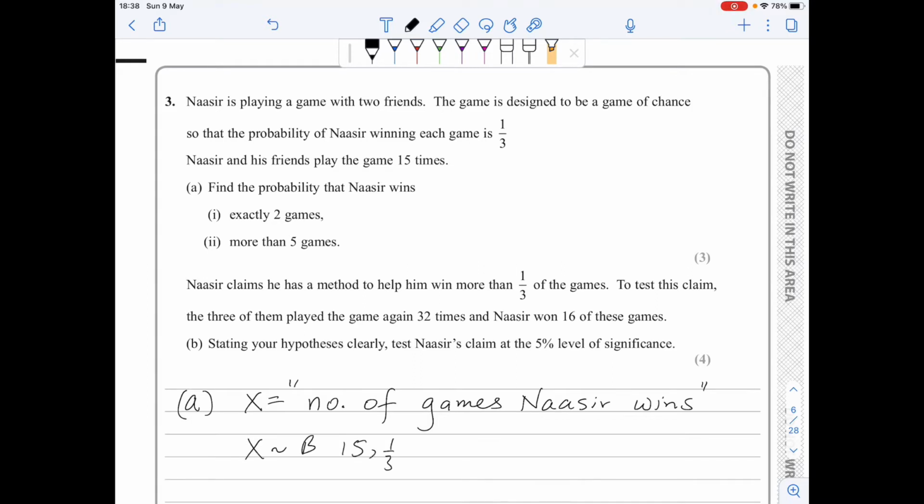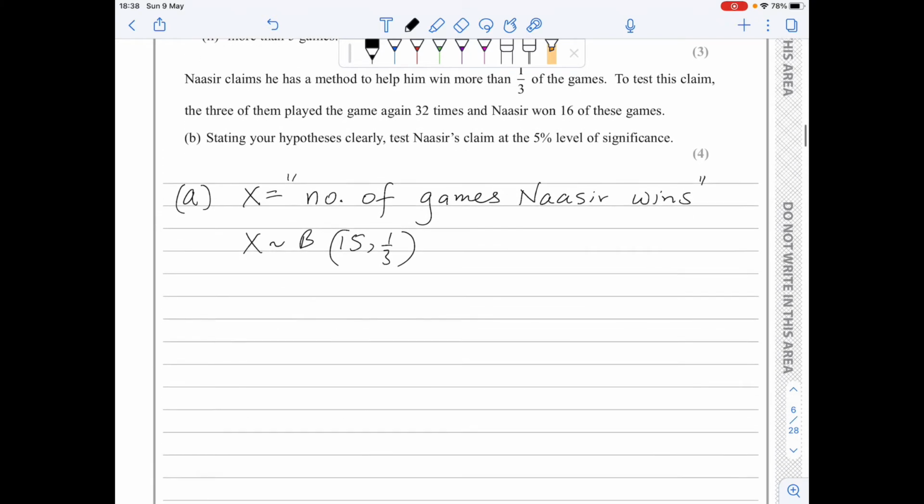Note the first is the number of trials, the second one is the probability of success. So in part I need the probability x equals 2, and this comes out to be 0.0599. Note that I have used binomial PD on my calculator.